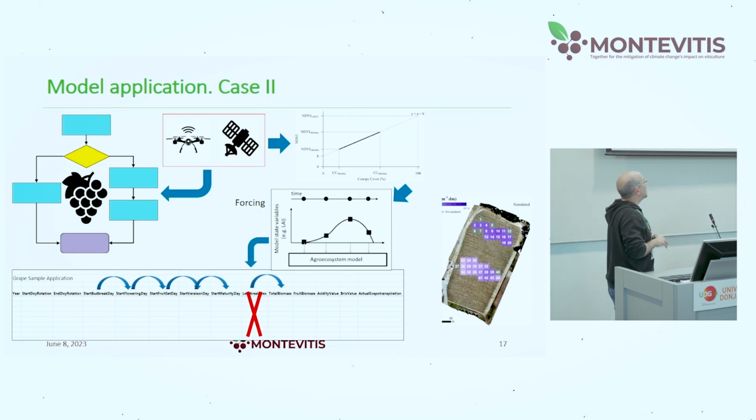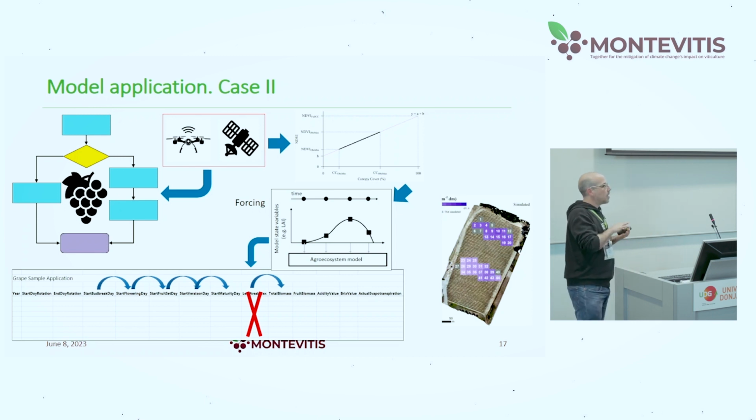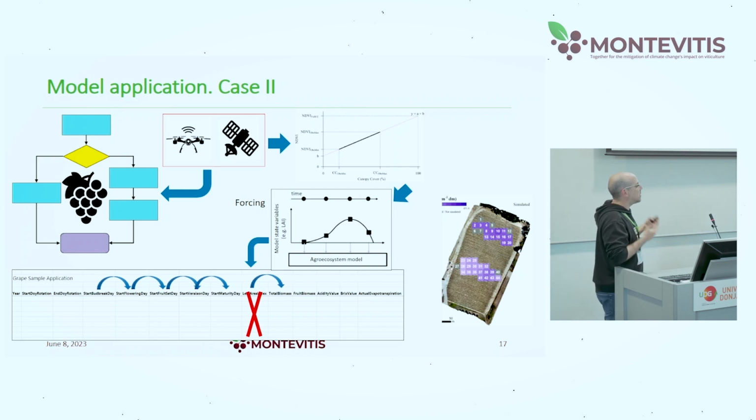The water is not always regular for all the vineyard, and remote sensing data permits us to more or less see the variability inside the vineyard.